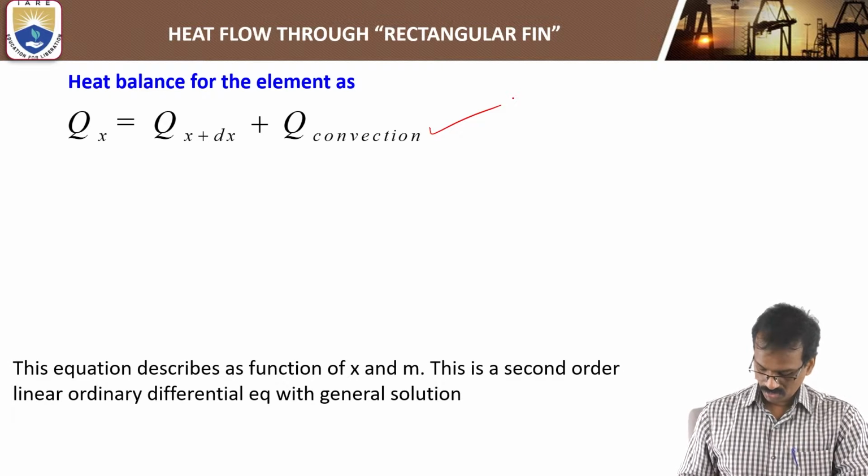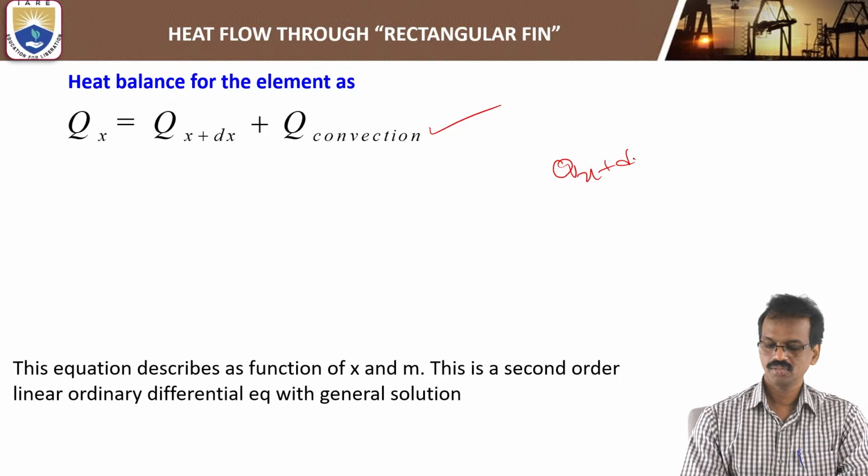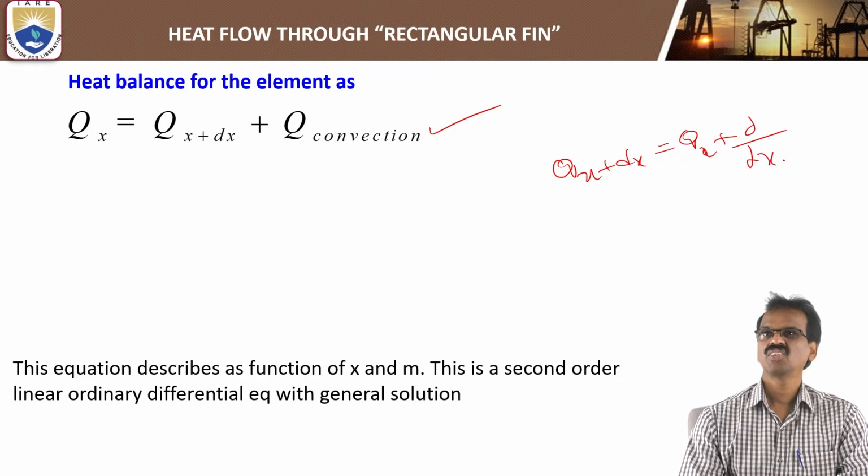You know the formula for Qx plus dx based upon Fourier's law: Qx plus dx is equal to Qx plus dou by dou x of Qx into dx.